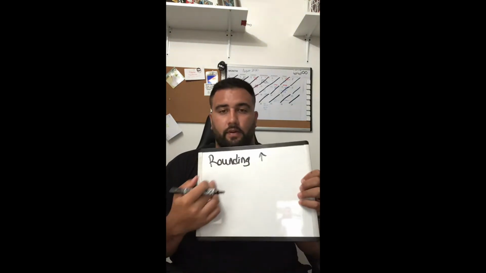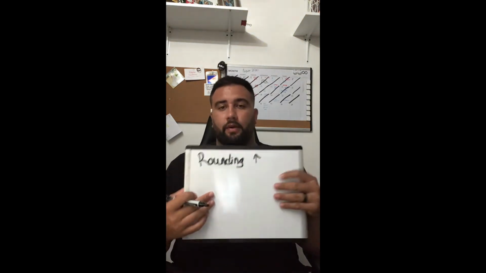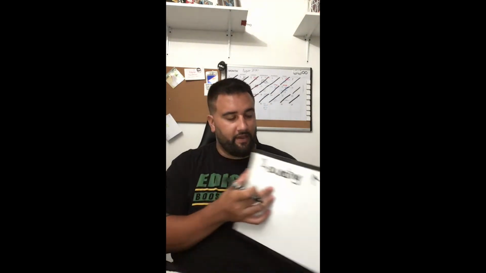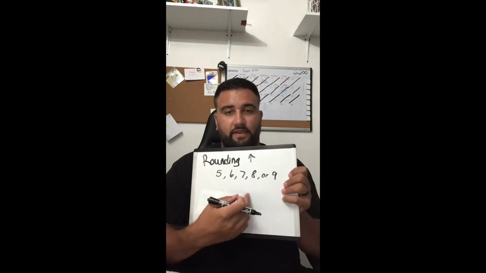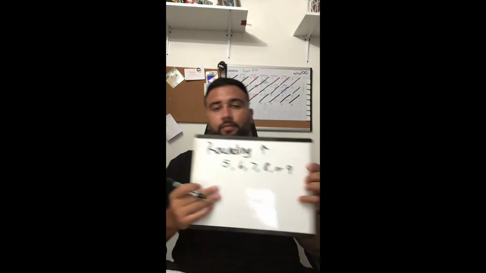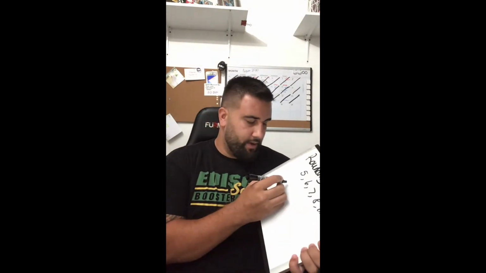Okay, so rounding up, right? So when you have to round a number up, you're gonna look at the last digit of the number, okay? So whatever your number is, if it ends in a 5, 6, 7, 8, or 9, you will round it up, okay? So let's get an example of rounding up, okay?